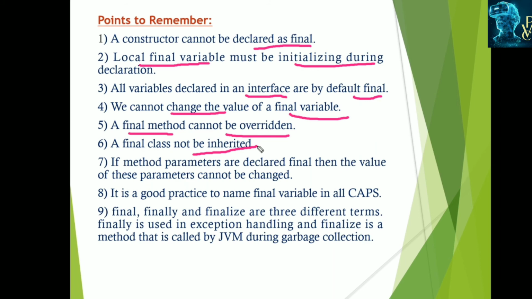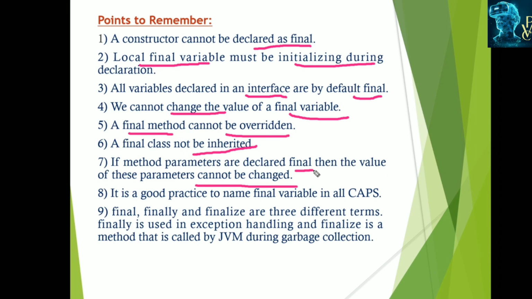And if method parameters are declared final, then the values of these parameters cannot be changed. When we call a method, we can pass values to its parameters, meaning we can normally change the variables. But when we declare them as final, those cannot be changed, so they are fixed.